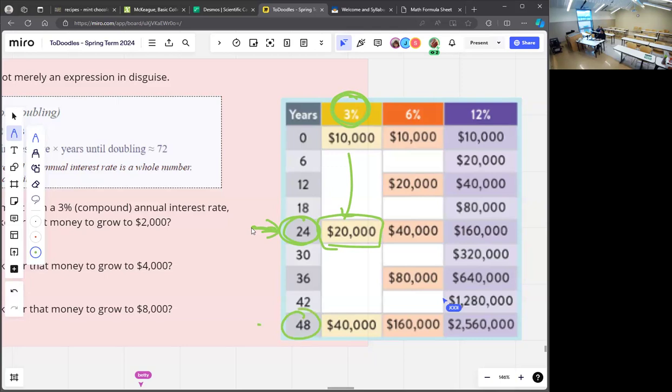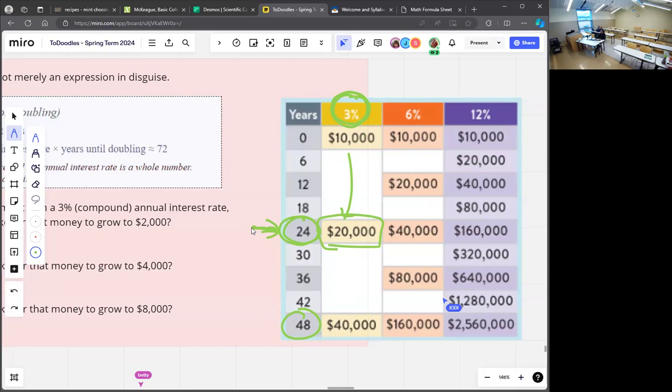Another 24 years, and I would double again and have $40,000. This is why you need more than a savings account, by the way. Even if you wait 48 years, your money is going to double and double again, so times 4, that's not enough to retire on.